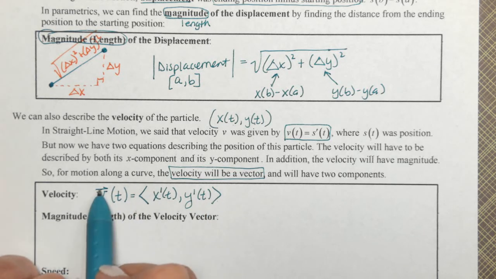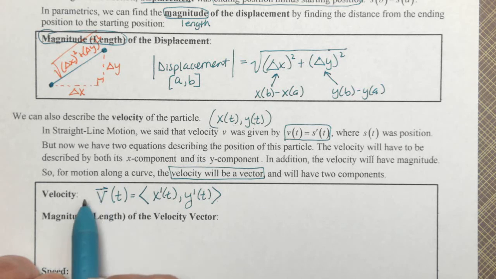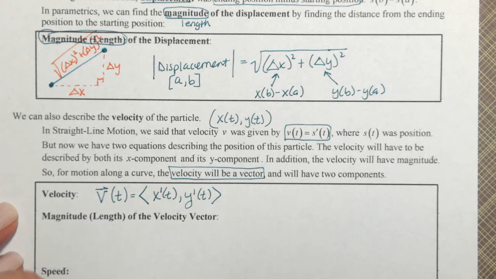Just like I will always use that little vector notation, that is also optional for you. You don't have to use it. However, I will say, students who don't use that notation every time sometimes forget that you need a vector for velocity in particle motion along a curve.